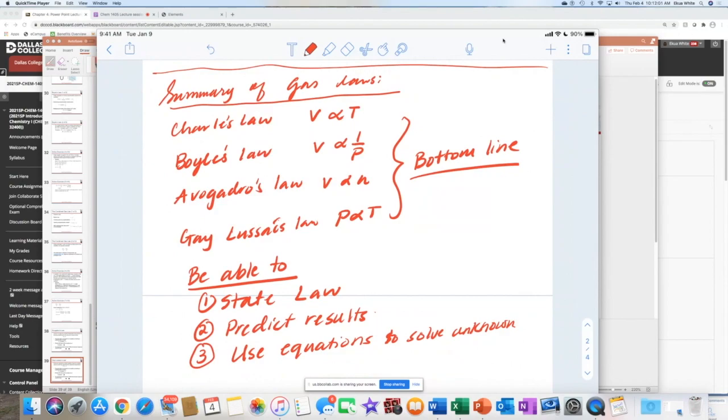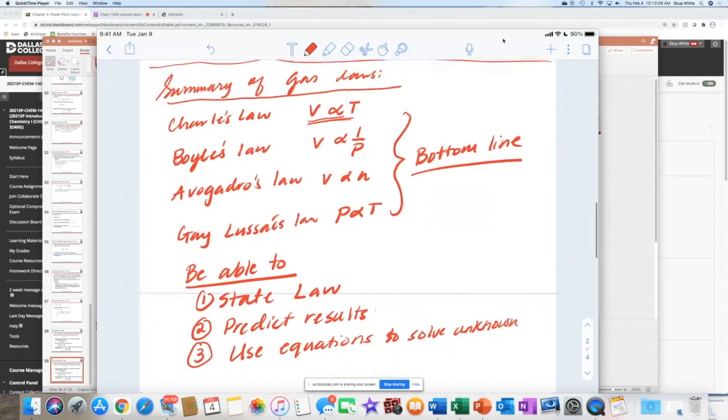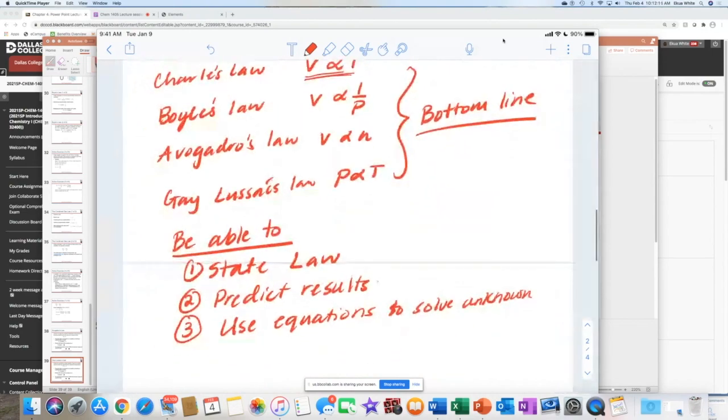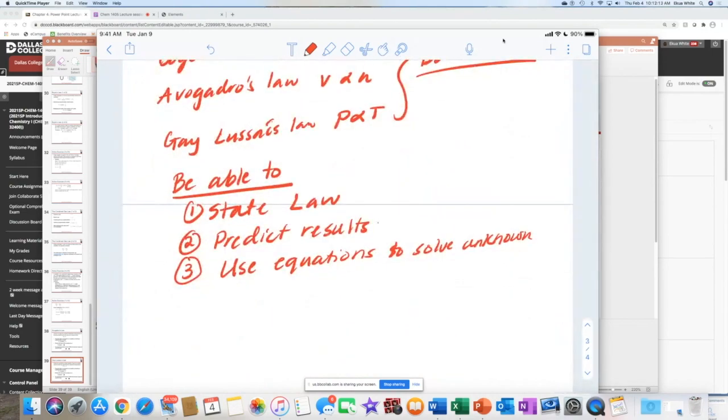Okay, so we haven't started yet, so I can't have questions just yet, right? Let's start with gas law number one, which is Charles' law. First of all, when you're looking at these laws, you're not really just looking at that one gas law.